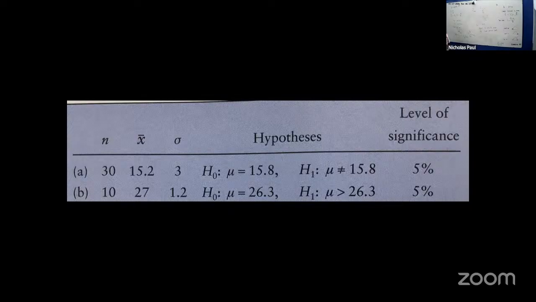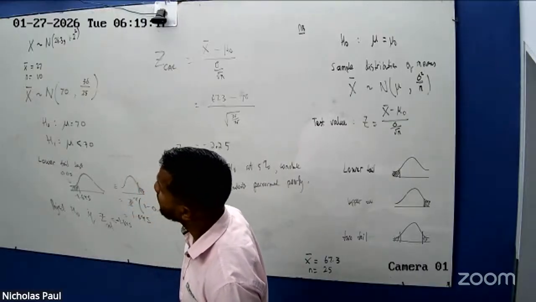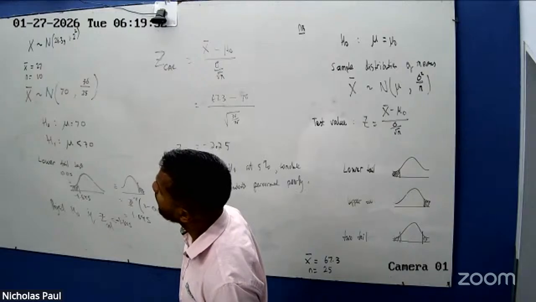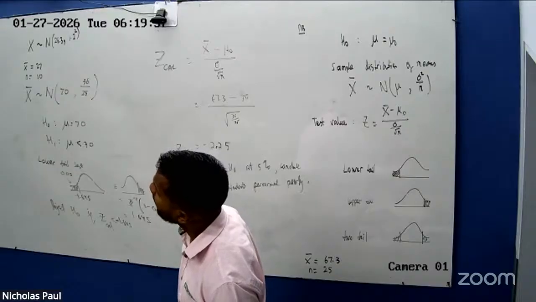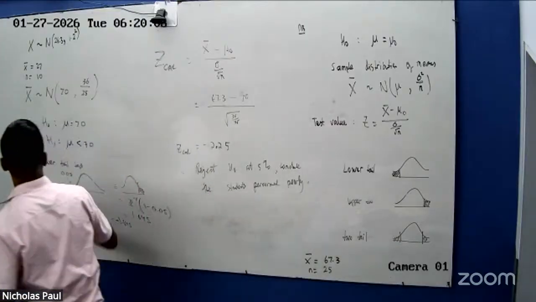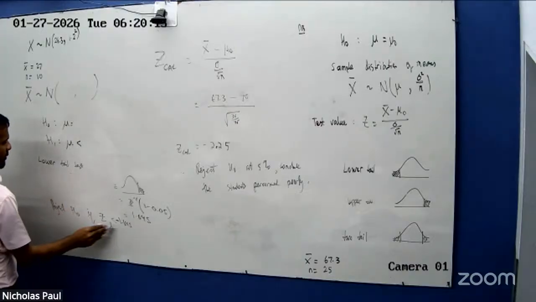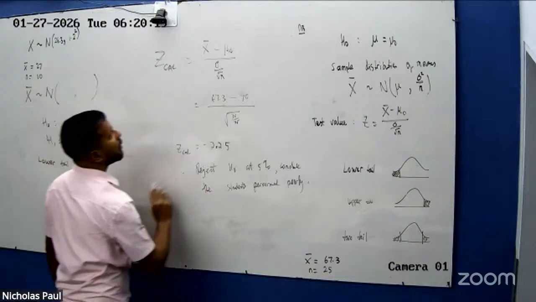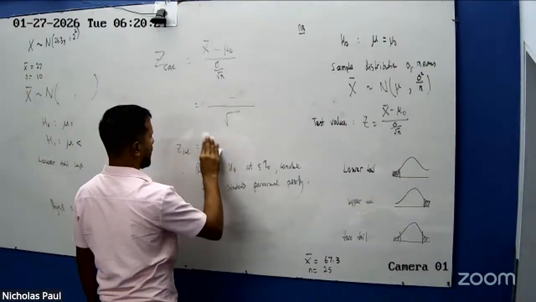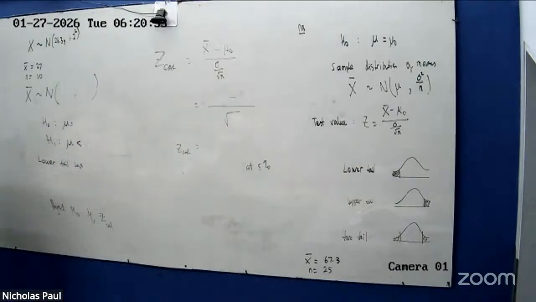Your X bar is 27 and your N is 10. Let's check it out.